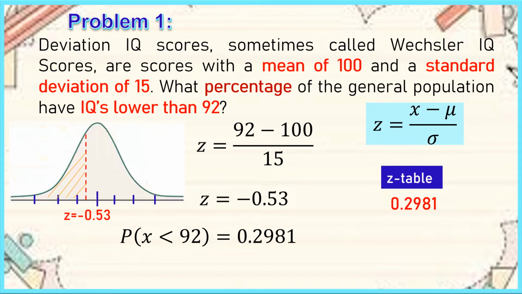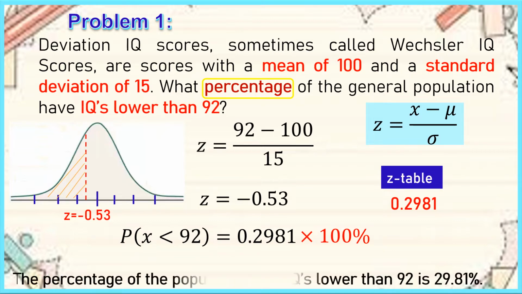So the probability of x less than 92 is 0.2981. Since the problem is asking about percentage, we multiply by 100%. So the percentage of the population with IQs lower than 92 is 29.81%.